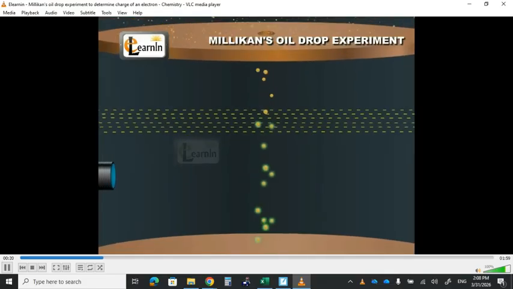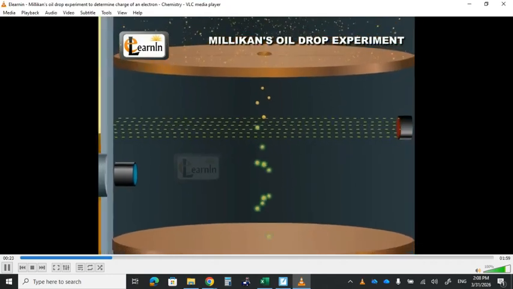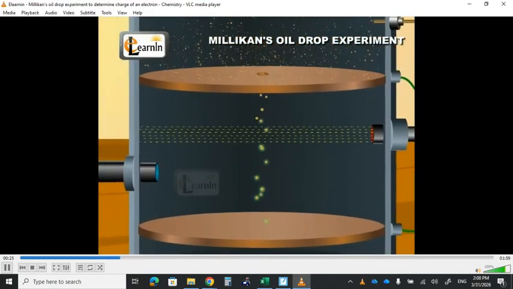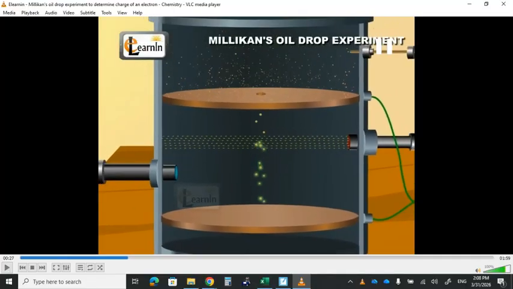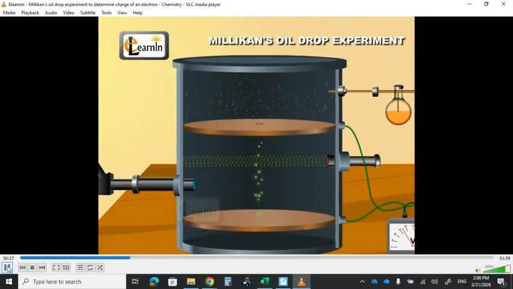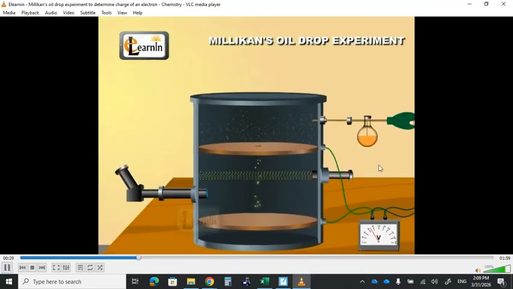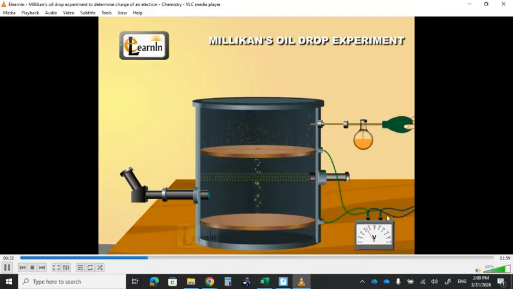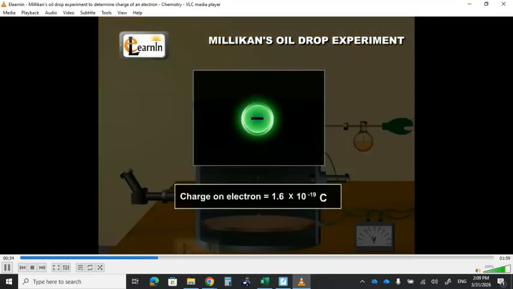The famous method that he devised between 1906 and 1914 to measure the charge e of an electron. Using this method, he calculated that the charge on an electron was about 1.6 times 10 to the power negative 19 coulombs.